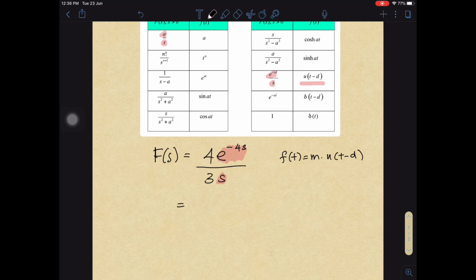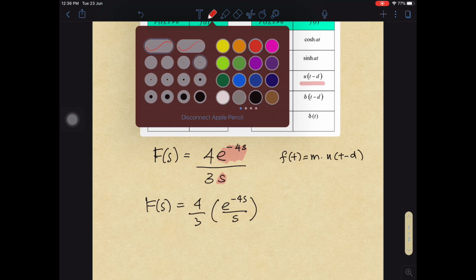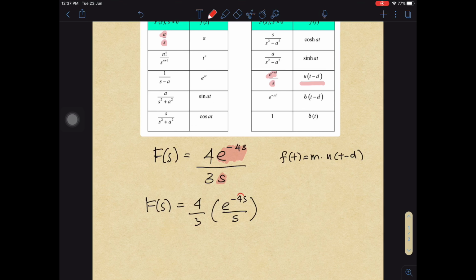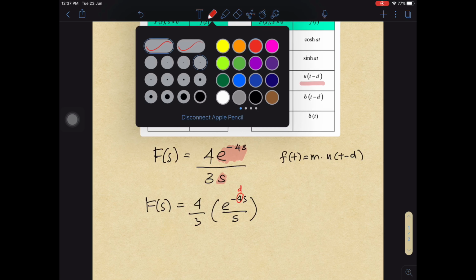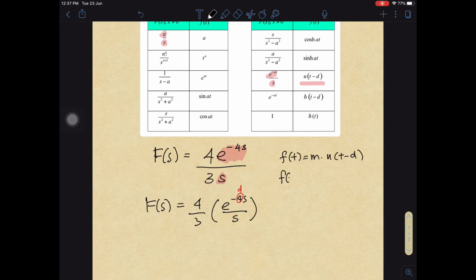If you take the 4 over 3 outside, what you will have in the bracket is only e to the power of negative 4s over s, which is easier to see. So from this function you know that the value of d is equal to 4, directly. So we can write our function f(t) as m times u(t minus 4).